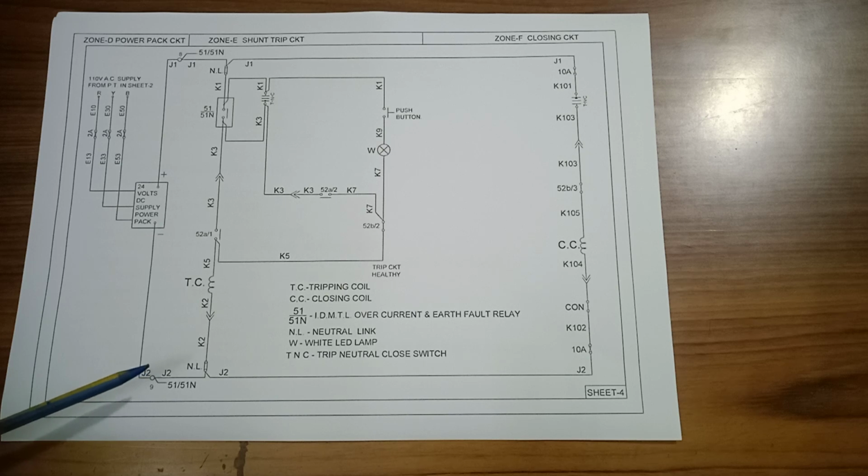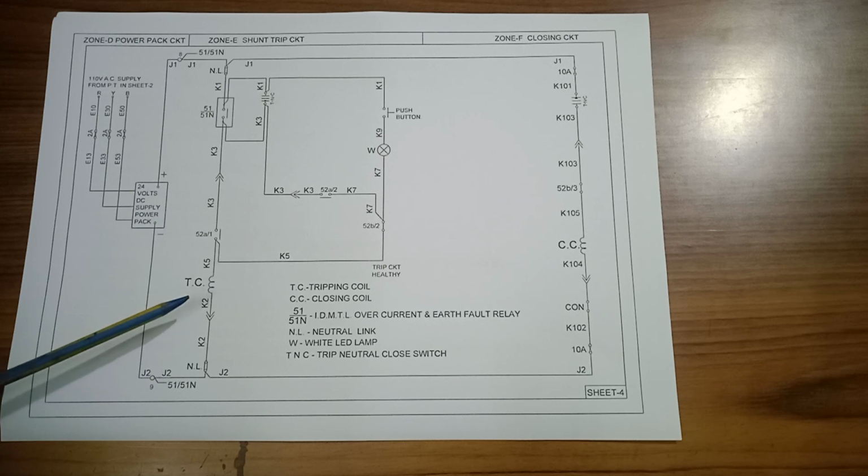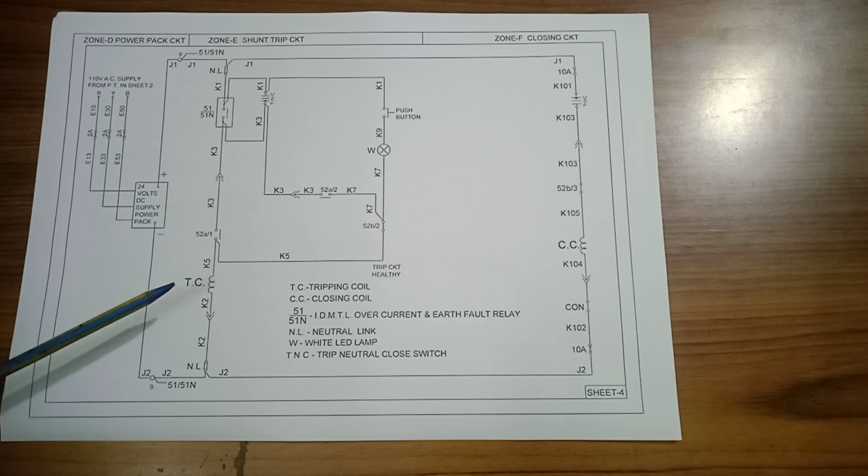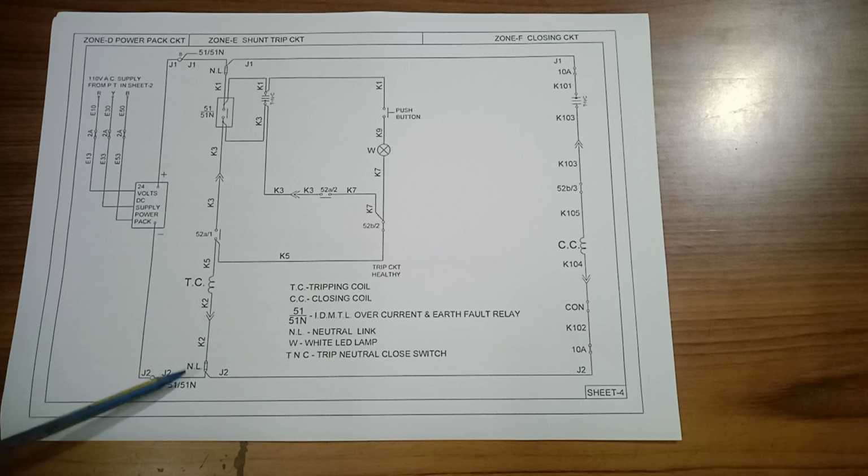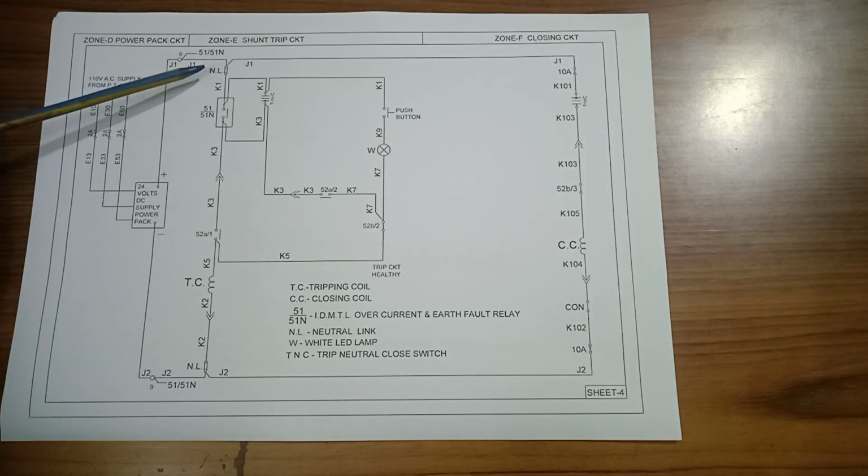If there is any fuse and the fuse is blown for some reason, then the trip coil will not work due to any fault current, and massive damage will occur. So no fuse is there, only a neutral link is there.